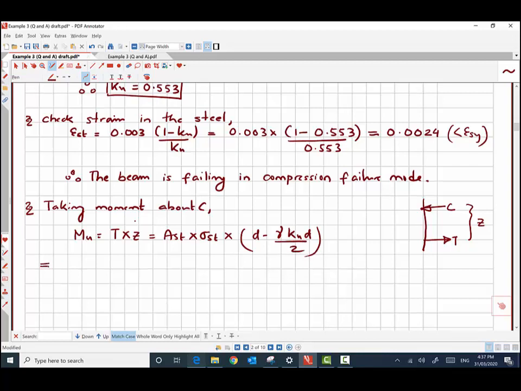So we have to write the steel stress in terms of strain again. The area of steel, we already know, is 3694.51 millimeters square. The steel stress we do not know yet, so we still write it in terms of strain, which we already know.